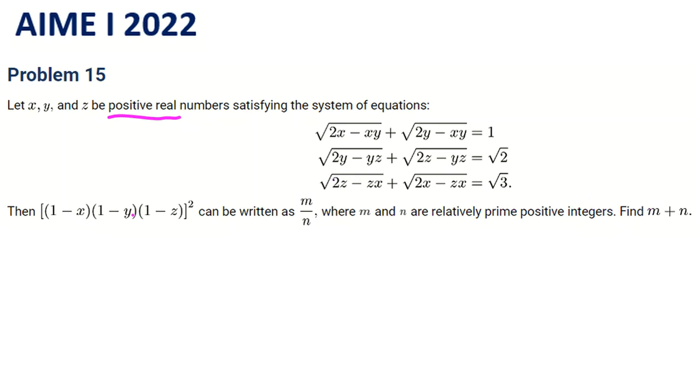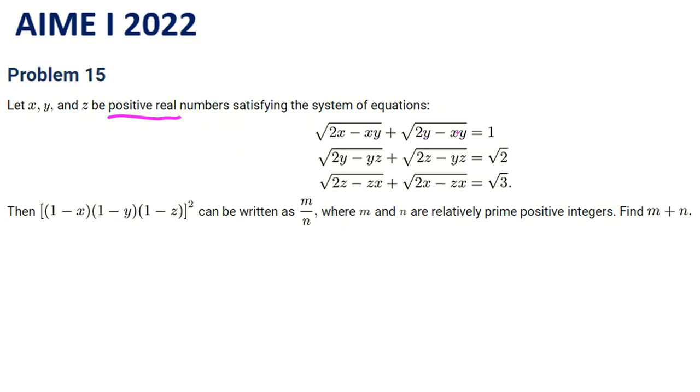So here, we will see we want 1 minus x. Always pay attention to what is the thing that we want to calculate. The sentence of the problem is what? Here it is (1 minus x)(1 minus y)(1 minus z). So we don't need to find x, y, z separately necessarily. We want to find this expression. And as you can see, for example, here, if we factor out x, we have 2 minus y.